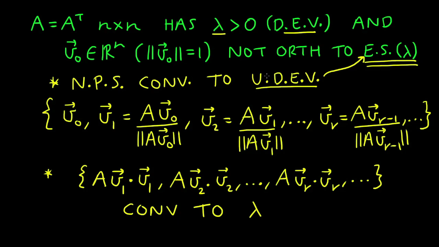So for example, if this sequence here converges to the unit dominant eigenvector v, and given our eigenvalue equation, we have Av equals lambda v, and taking the dot product on both sides, and given that v is a unit vector, then v dot v, being the squared magnitude of this vector, is 1, and therefore this is equal to lambda.